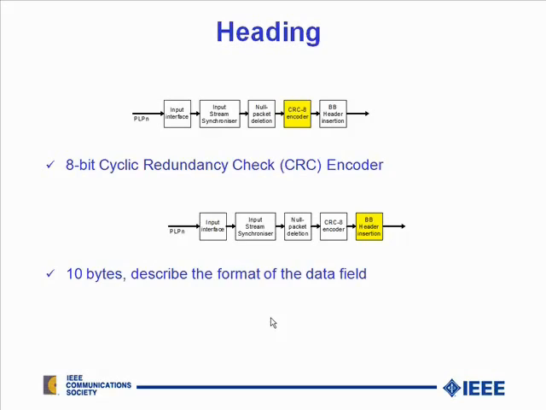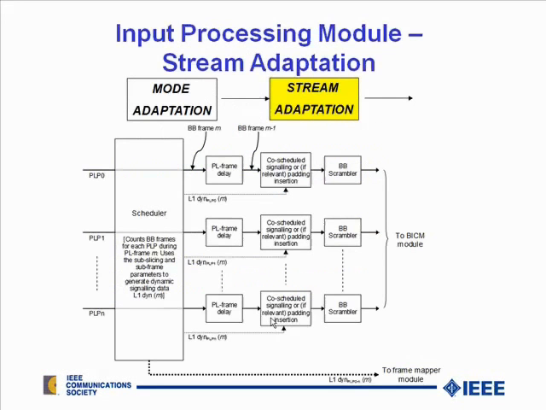This header will include an 8-bit cyclic redundancy check (CRC) code, and also 10 bytes that describe the format of the data field, so they collect some information about the data field, including, for example, the size of the data field, which has been defined by the input interface. Now we are ready to go to the stream adaptation.